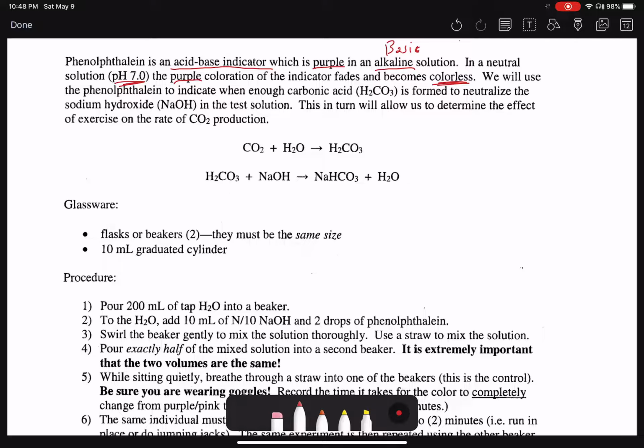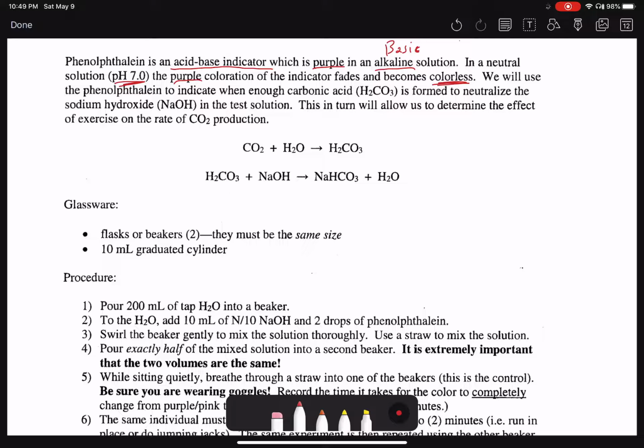So what does phenolphthalein allow us to detect? It allows us to detect basic pHs. But on the flip side, we could also say that if the phenolphthalein is not purple, or it's not evident as having this bright purple color, then we could say that it also allows us to detect neutral pHs. Does that make sense? Or acidic pHs.